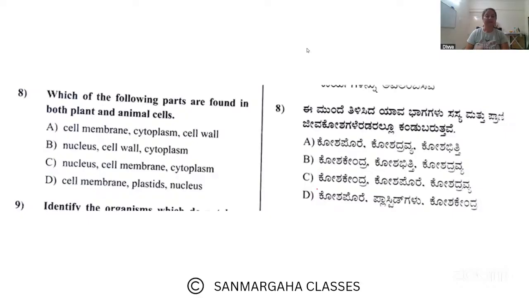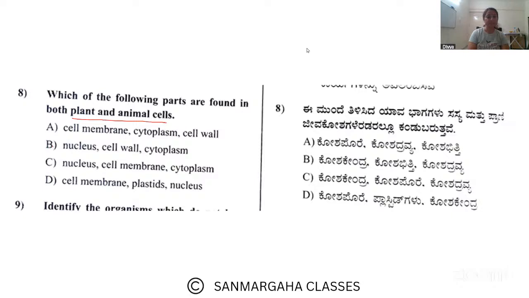Coming to the next question: which of the following parts are found in both plants and animals? You have to recall the picture of the animal cell and the plant cell. In both animal and plant cells, which are the parts found?